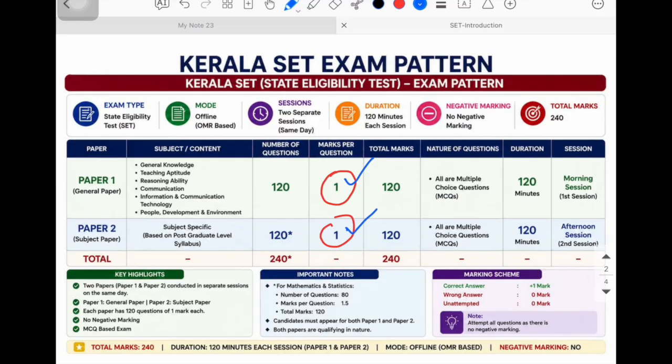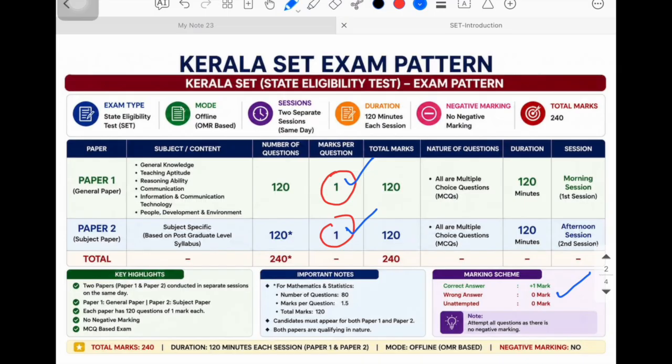You read the question, and it is some basic concept-based question, or just asks for a formula. In other states the questions are comparatively difficult, GATE-level type questions usually come, but in the Kerala SET, paper 2 has simple questions. And here also there is no negative mark, so we can attend each and every question.